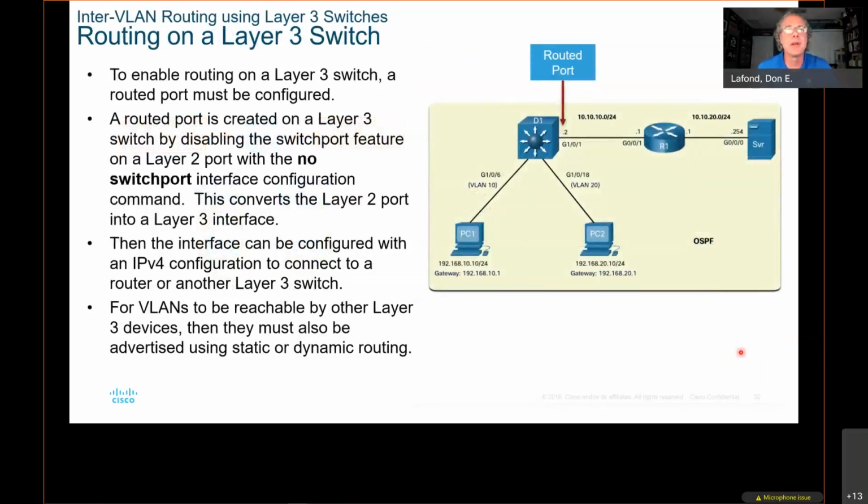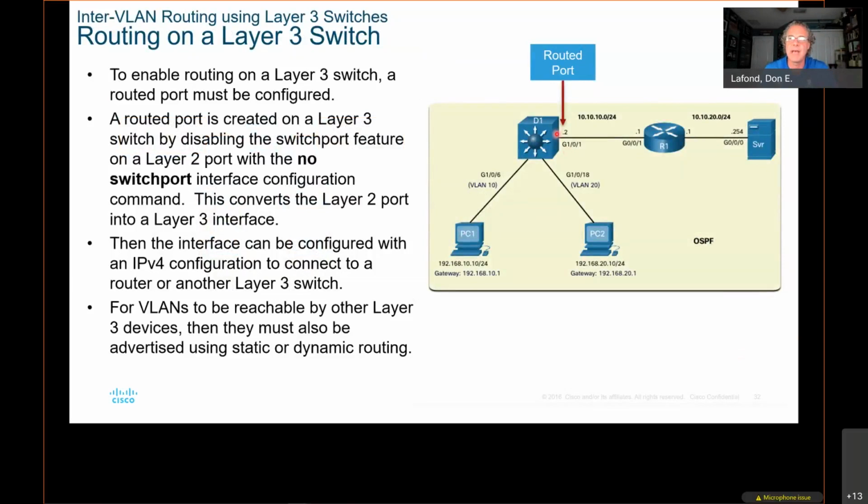To enable routing on a layer 3 switch, a router port must be configured. A router port is created on a layer 3 switch by disabling the switchport feature on a layer 2 port with the no switchport interface configuration command. This converts the layer 2 port into a layer 3 interface. We're talking about this port right here.